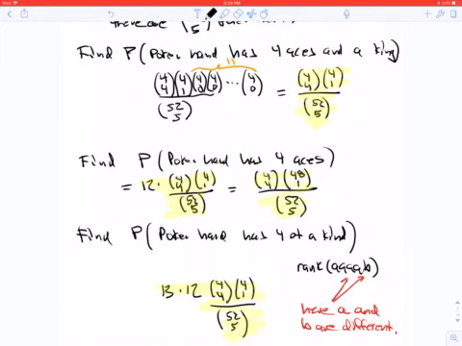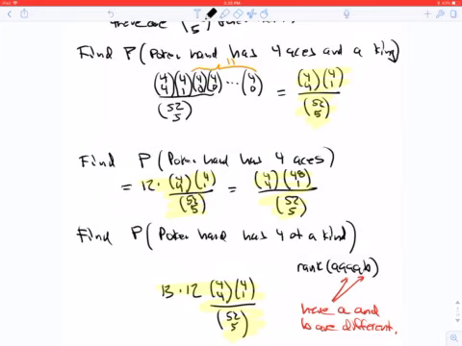So next, let's find the probability that a poker hand has 4 aces. So now the single card can be anything. It doesn't have to be a king. There are 12 other ranks that it could be, right?